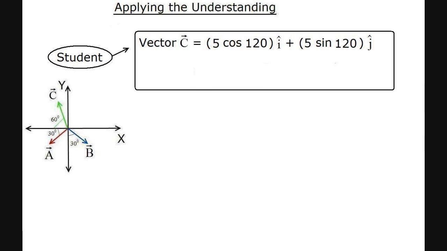And vector C bar is equal to 5 cos 120 degrees times I hat plus 5 sin 120 degrees times J hat, which is equal to minus 5 sin 30 times I hat plus 5 cos 30 times J hat.